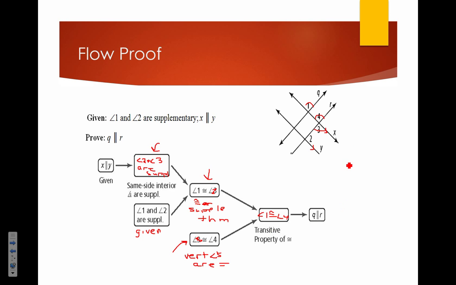And from that, we're going to say that Q is parallel to R, and we can do that by the converse of the corresponding angles theorem. So we have taken a flow proof and we have proved this.